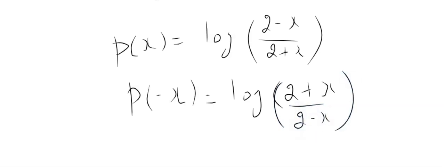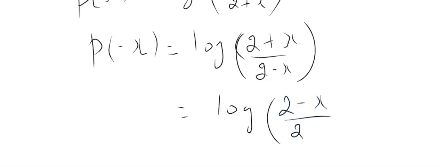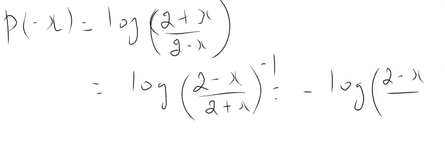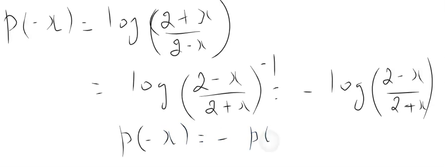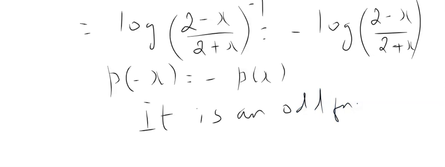We can see that it is nothing but the reciprocal of this function, or I can simply write this as log of 2 minus x by 2 plus x raised to the power of minus 1. This is nothing but minus of log of 2 minus x by 2 plus x. So this reveals that p of minus x is nothing but minus of p of x. So it is an odd function. Therefore, the answer would be 0.